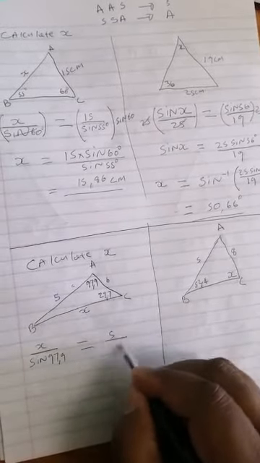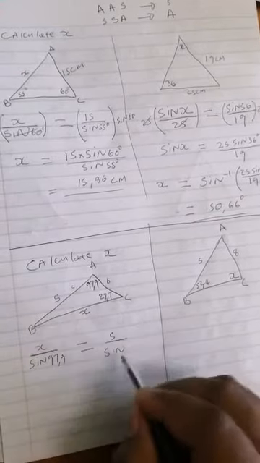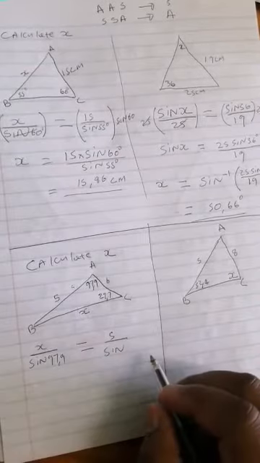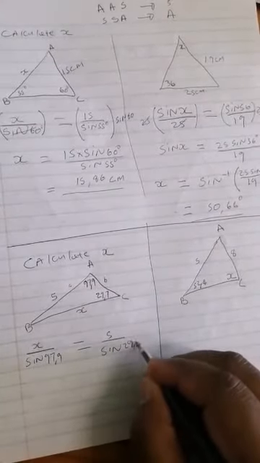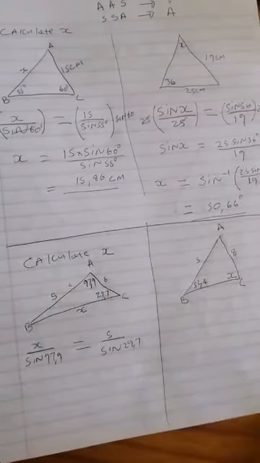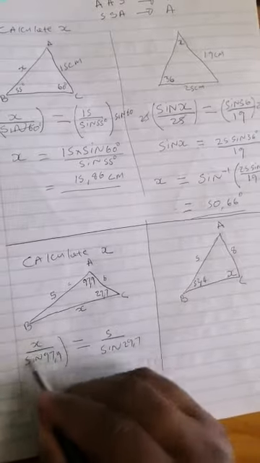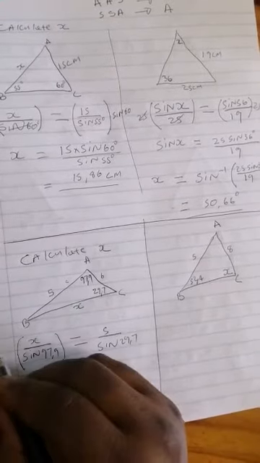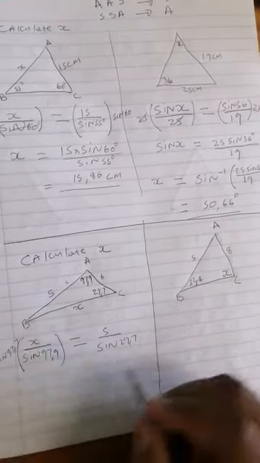It is 5 over sine, 5 is a side, over the sine of an angle opposite to that. This will be 29,7. And remember, you are looking for an x, so you multiply it by sine 97,9 both sides.